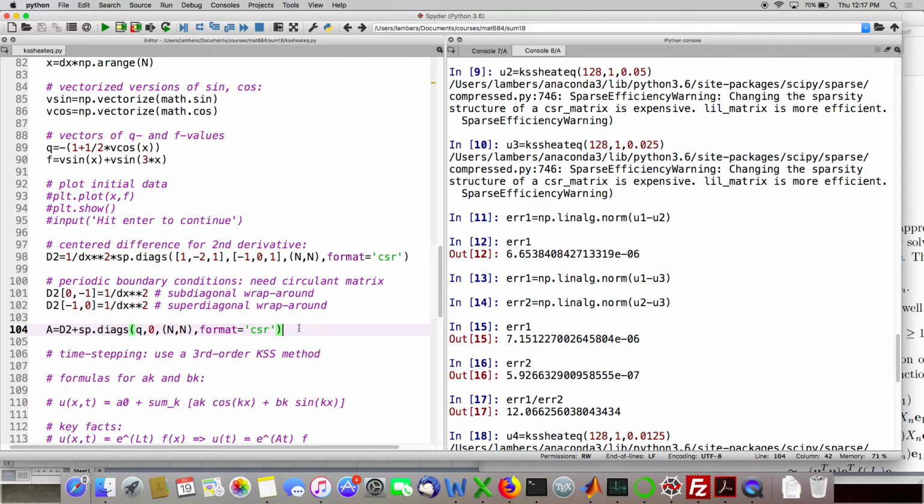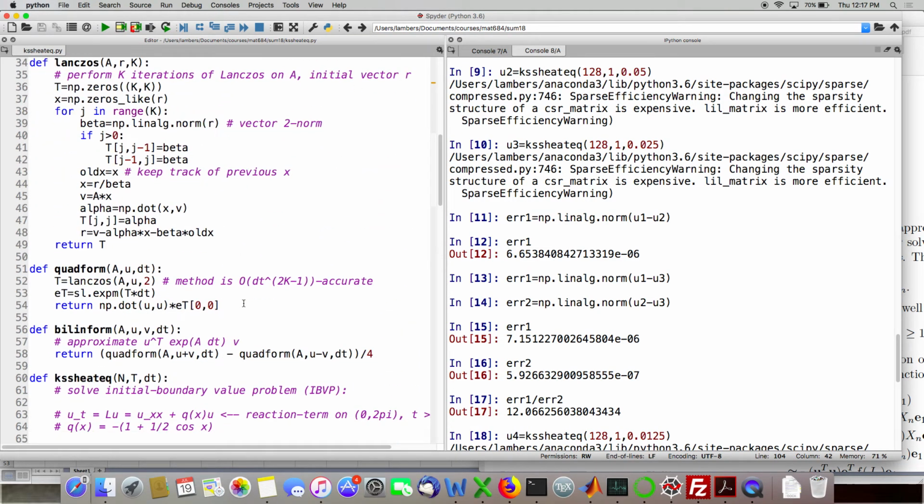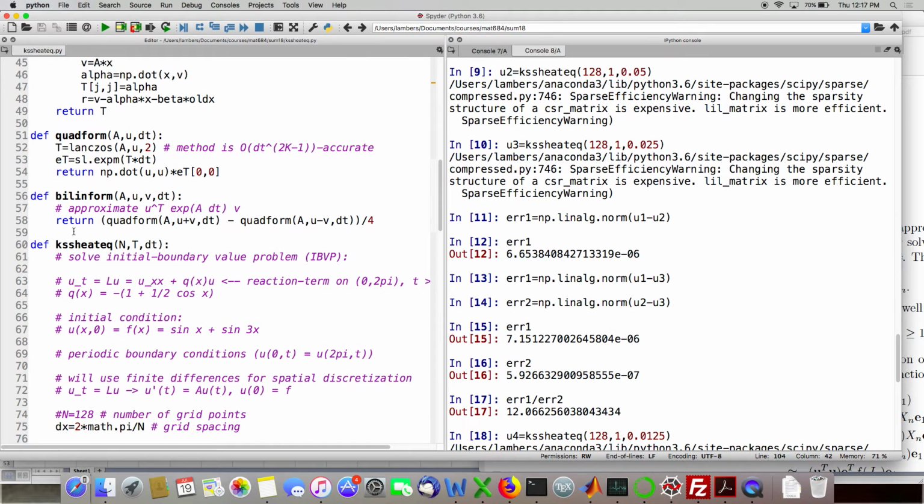Where do you put the turning this into a function? Oh, okay. What I did was, after the bilinear form, I commented out any place where I set these parameters. I had to comment out those statements. Yes, okay.